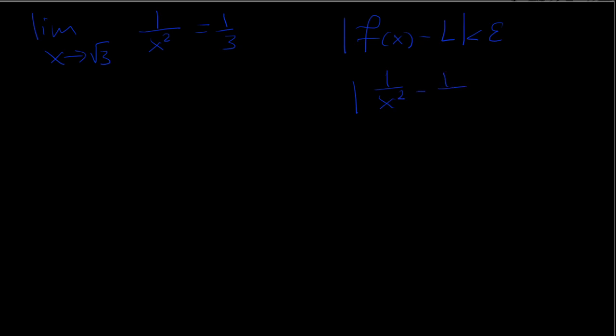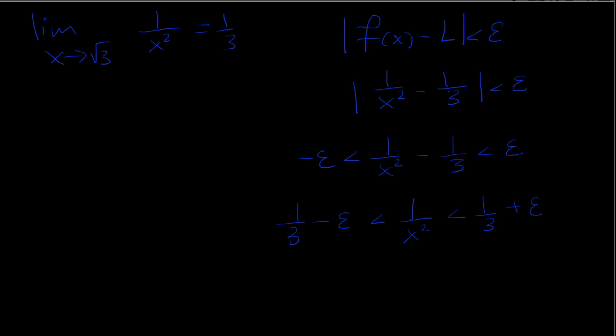My limit is 1/3. So that means 1 over x squared minus 1/3 is between negative epsilon and epsilon. I'm going to add the 1/3 over. So we have 1/3 minus epsilon less than 1 over x squared less than 1/3 plus epsilon.